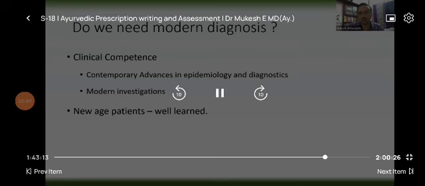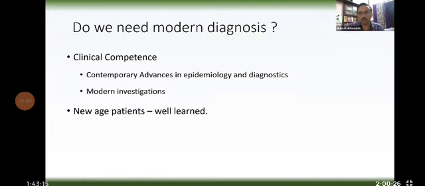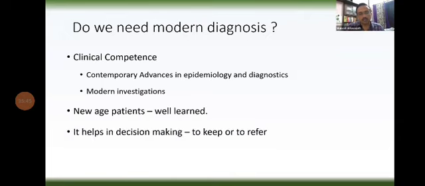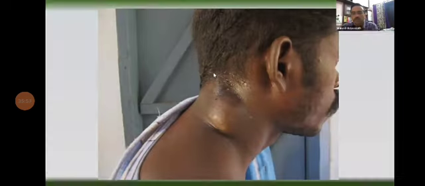So we should be able to identify their dilemmas. We should be able to address their worries. So for all these things, we should learn modern diagnosis, and also it will help you in decision making whether to keep the patient or to refer the patient. So that is why modern diagnosis is needed.